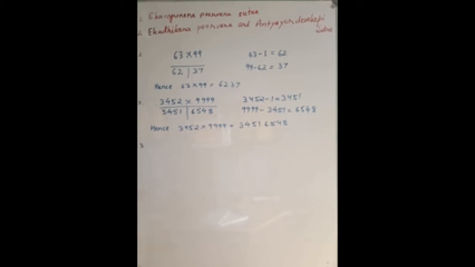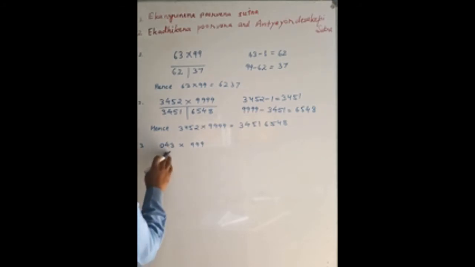Another example, multiply 43 by 999. The number of digits of the multiplier is more than the digits of the multiplicand. In this situation, we make both the same number of digits.